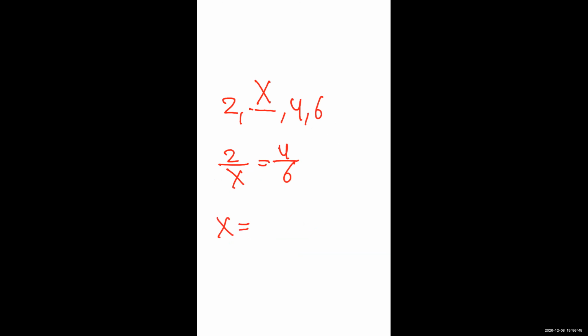So x will equal 2 times 6 over 4, which equals 3. So the second proportional is 3. Then numbers 5 and 6 are the same. Then question 7 also. Let's solve 7. If 3, a minus 1, a plus 1 and 5 are proportional.